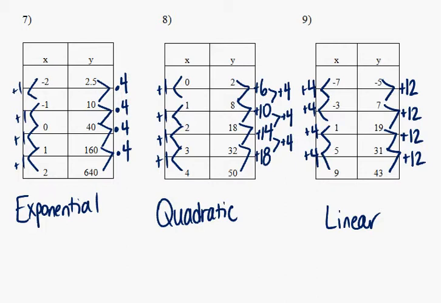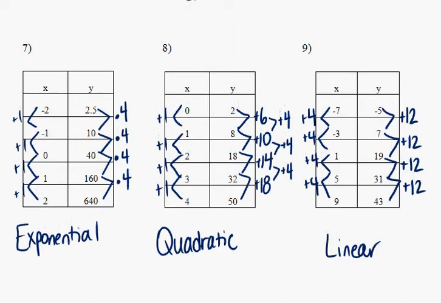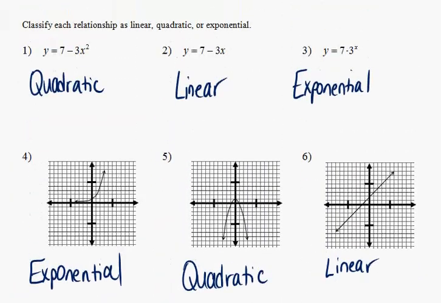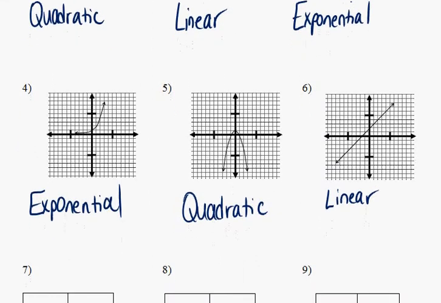So let's summarize and make sure that we can tell the difference between functions that are linear, quadratic, and exponential. When I'm looking at my equations, linear functions have a degree of 1, quadratic functions have a degree of 2, and exponential functions have the variable in the exponent. When I'm looking at a graph, my linear functions are straight lines, my quadratic functions are parabolas, and my exponential functions are curves.